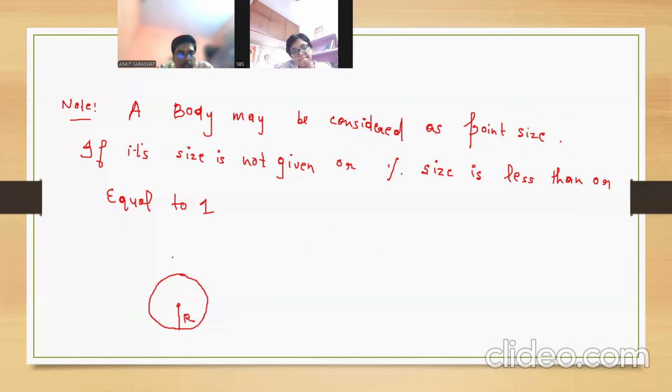If you kept an object having mass m, this is the size of this body, let us suppose h, and earth mass is, let us suppose, M. So my question is, up to what size can we consider a body to be a point size when it is placed on the earth?